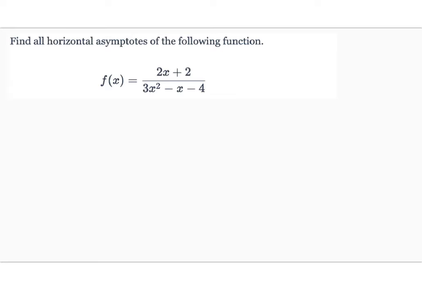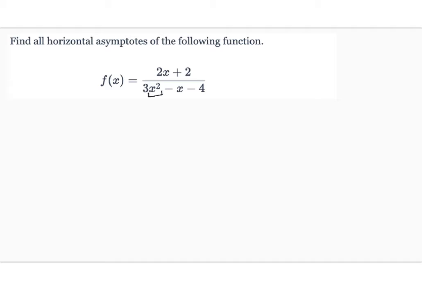All right, find all horizontal asymptotes for the following function. I'm going to use the same type of thing we did in the last slide: plugging in a really, really big number. I'm not going to start as big as I did last time, but I would like us to notice that even if you plug in, I don't know, like 100, 200 plus 2 is basically 200. Here we've got 100 squared, that's 10,000.